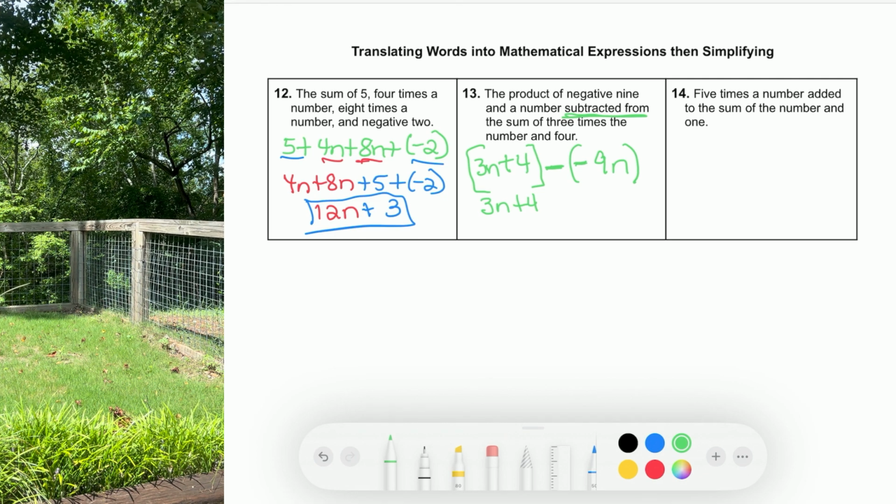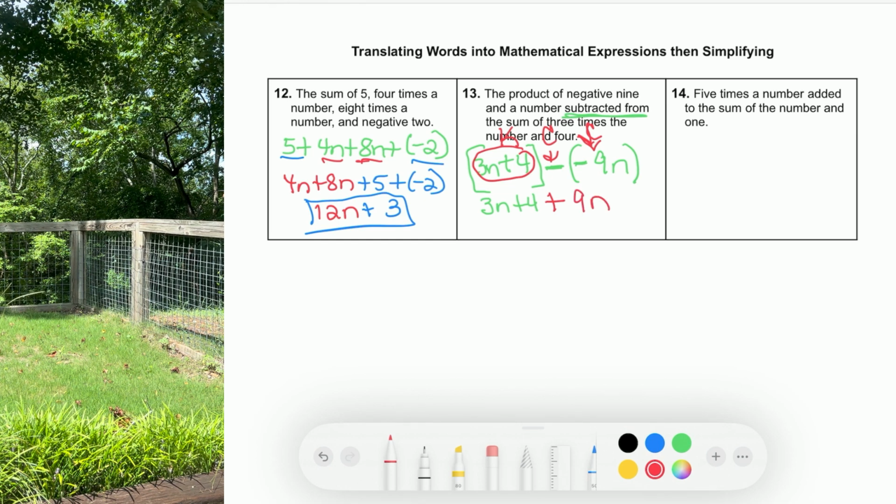Basically we have the keep, because this whole thing is one item. And then we have change, and then we have change, okay? So that becomes a plus, and then that becomes a 9n.